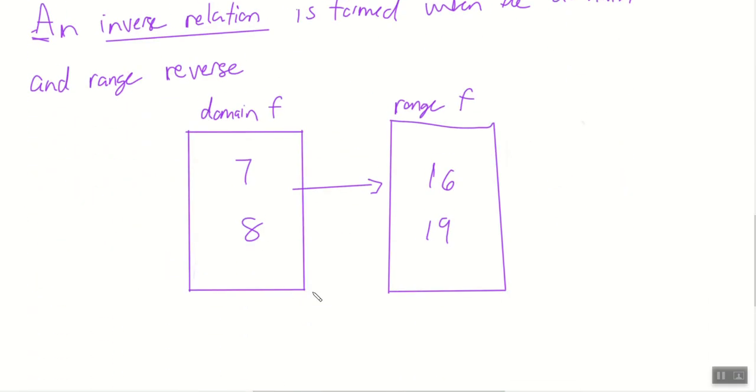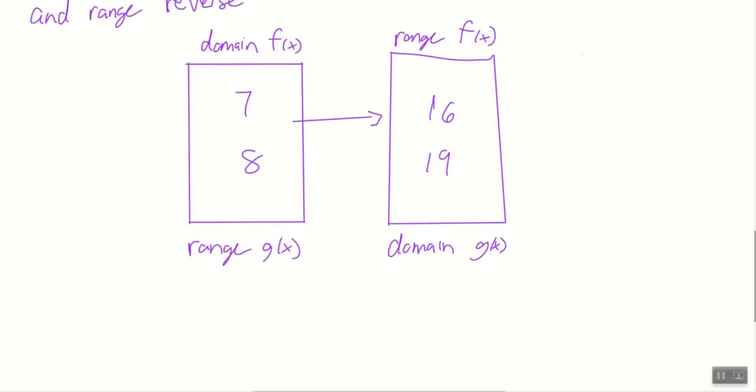So this side became the domain of g of x, and this became the range of g of x. So all you have to do is flip the table for inverse relations. So since we flipped the tables and we looked at the compositions of these two, and they both equal x, domain and range flip, these are inverse functions of each other.